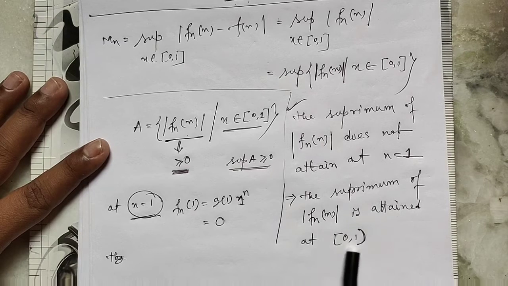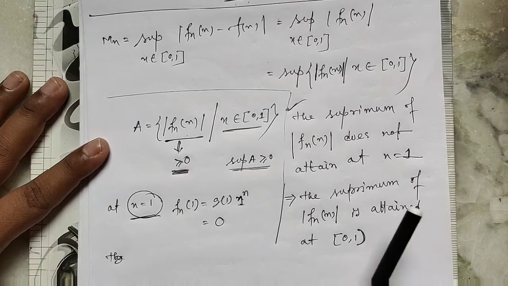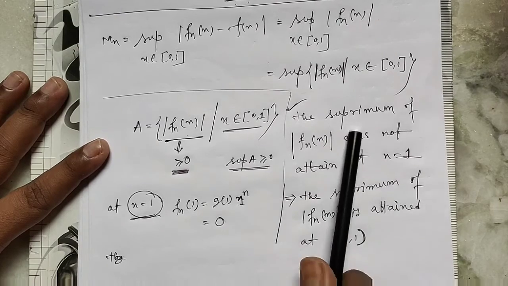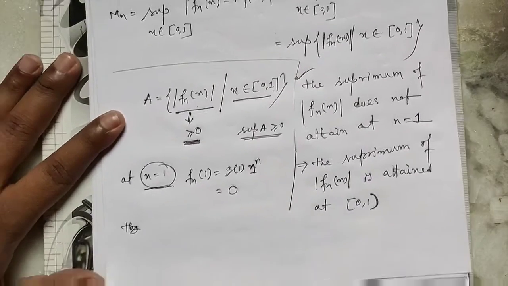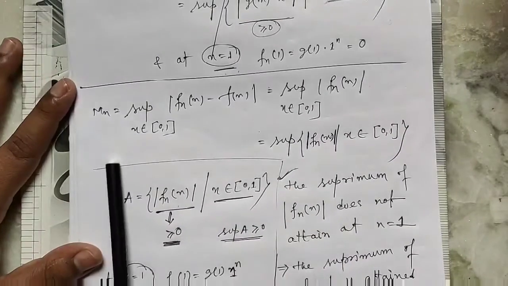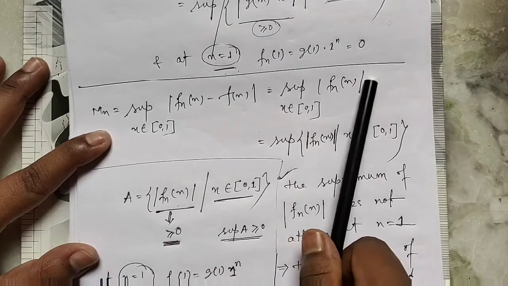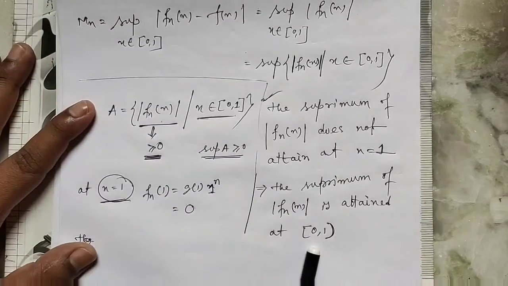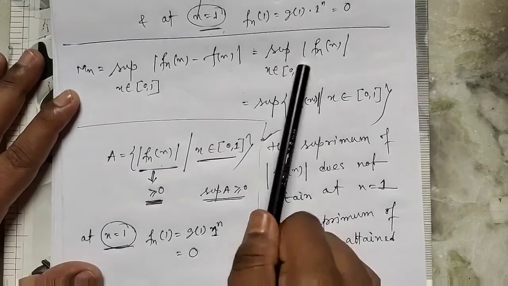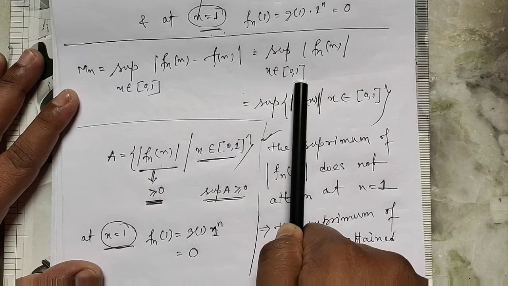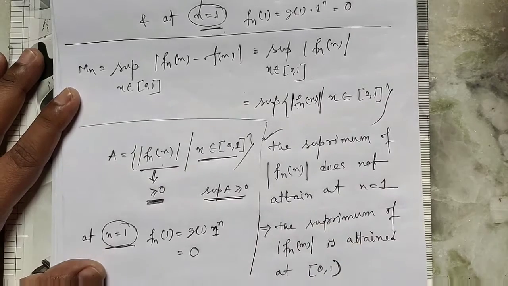On this interval only, on this part, the supremum may be attained. At x equal to 1 the supremum does not attain. So Mn is the supremum of mod fn x, and we find the supremum of fn x does not attain at x equal to 1. Clear?